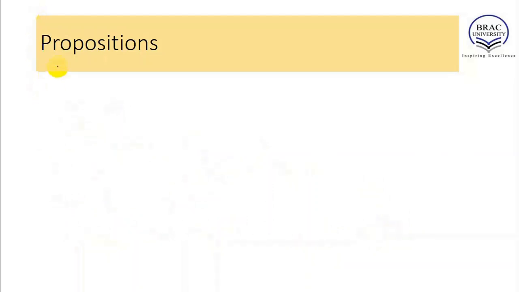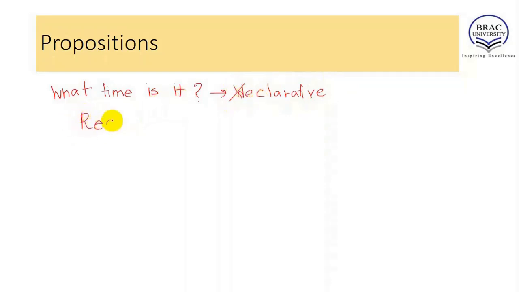So let's look at some other examples also. Now let's say we want to write a sentence something like this. What time is it? Now this is not a declarative one. So this cannot be a proposition. Now if I write something like this, read it carefully.